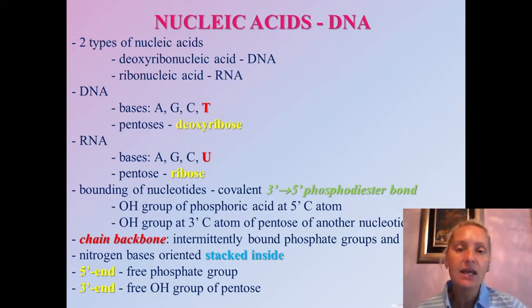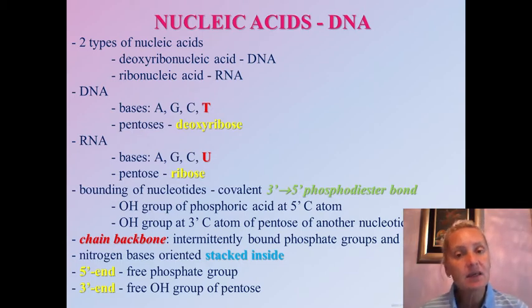So DNA consists of bases A, G, C, and T, so it contains thymine, and the pentose is deoxyribose. The RNA molecule contains bases A, G, C, but this time uracil instead of thymine, and the pentose component is ribose instead of deoxyribose.